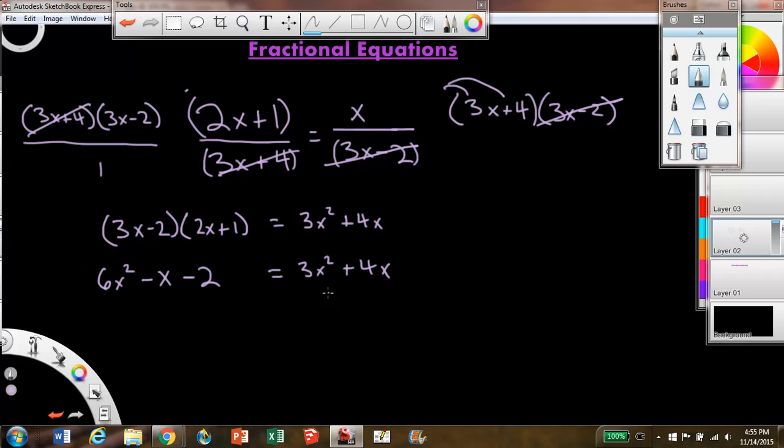Okay, this is a quadratic, so what we want to do now is get a 0 on one side, so I'll go ahead and subtract 3x squared and 4x from both sides.